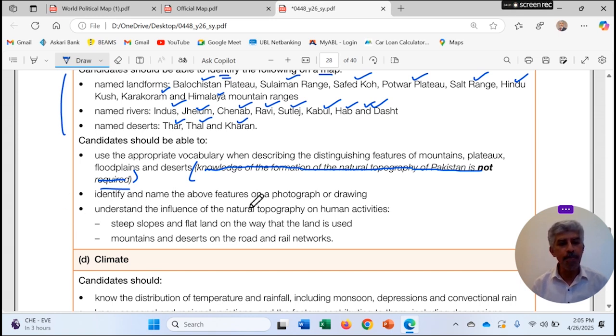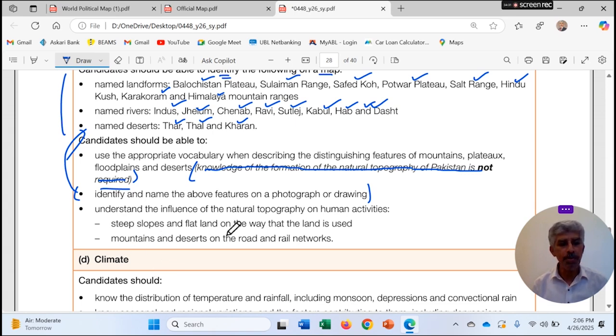Identify and name the above features on the photograph or drawing. If some diagram or some picture is given to you, these students should be knowing that they are related to which sort of landform, whether the mountains, the plateaus, or the plain areas of Pakistan, or the deserts, or the coastal areas, I mean the delta region.